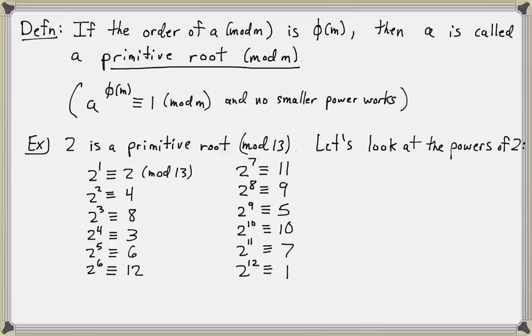So we see that the powers of 2, from the first power, 2 squared, up to 2 to the 12th power mod 13, actually form a reduced residue system mod 13. So this is congruent to 1, 2, all the way up to 12.